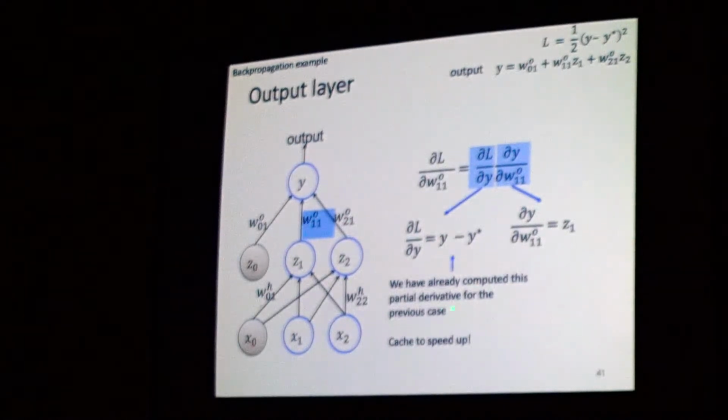But let me emphasize again: since we have already computed the first partial derivative, we need to cache it to speed up. So we can follow the same procedure to calculate partial L over partial W21. I'm not going to repeat it.